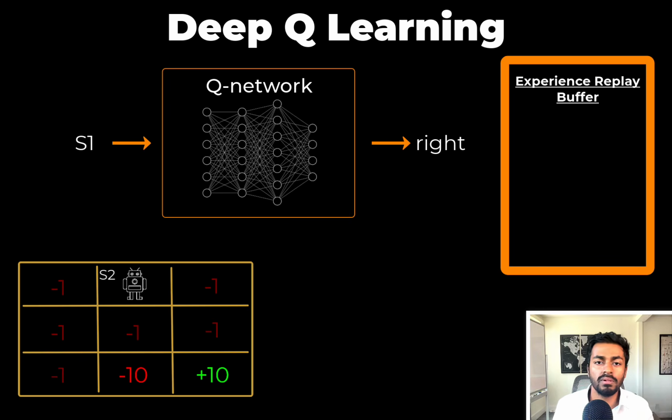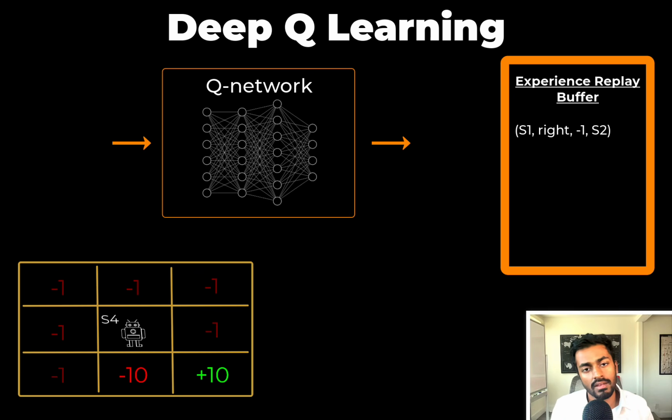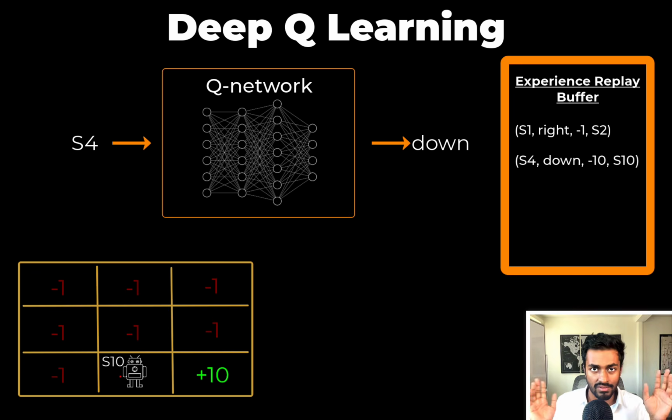So the quadruple of the state, the action, the reward, and the next state is then taken and stored in some memory called the experience replay buffer. And we repeat this process of just choosing some state, producing these quadruples, and storing them. So this data is now in our experience replay and can later be used to train our Q network, which we just discussed before.